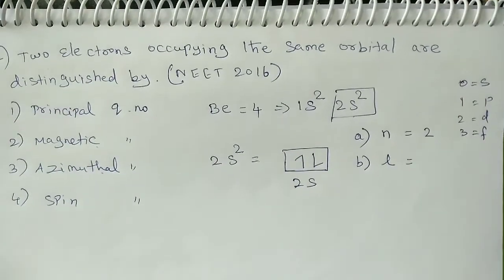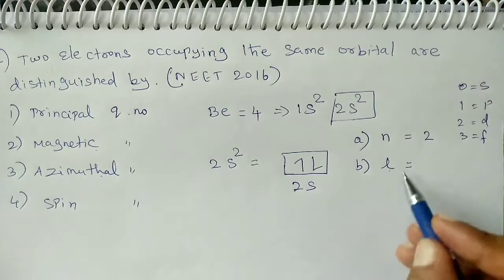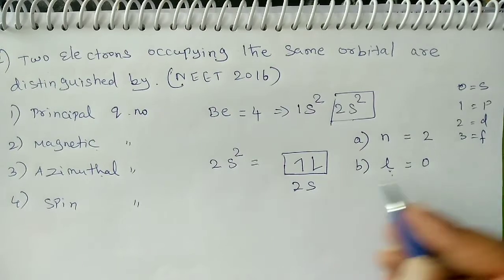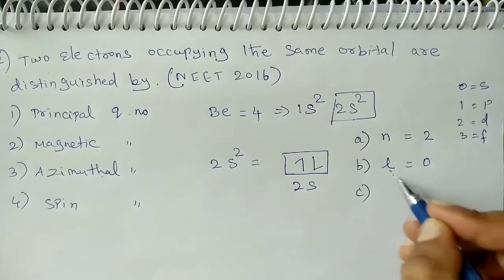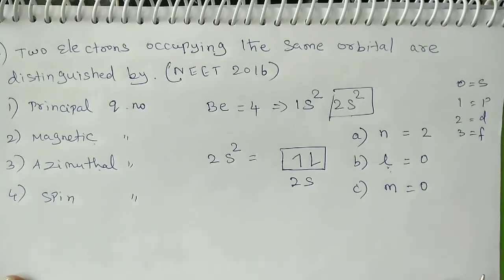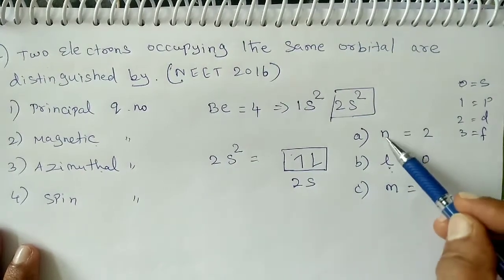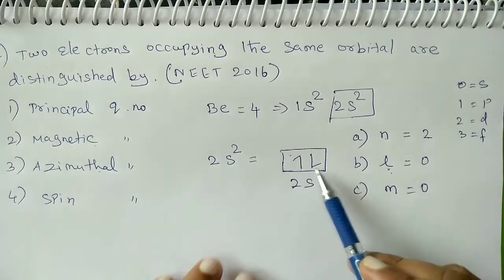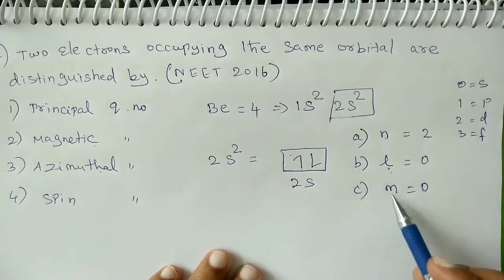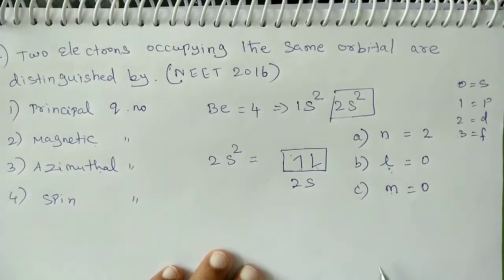That is the value of the azimuthal quantum number for these orbitals. For 2s, l is equal to 0, and m is also 0. Let us take these three values. For both electrons, n is equal to 2, l is equal to 0, and m is 0.